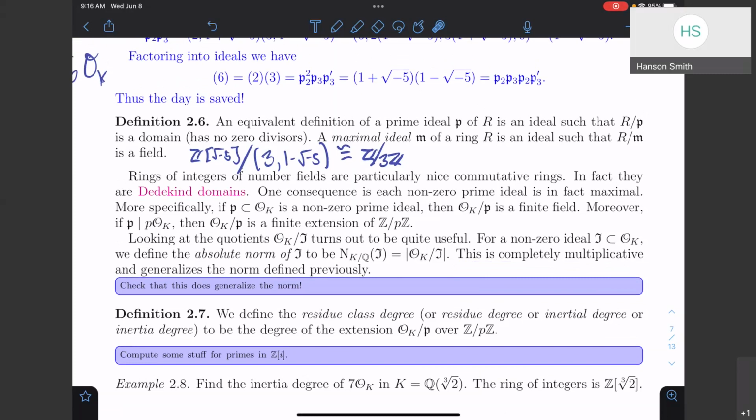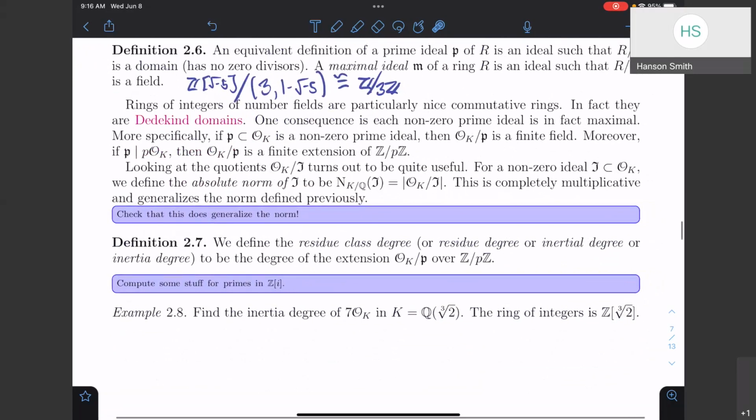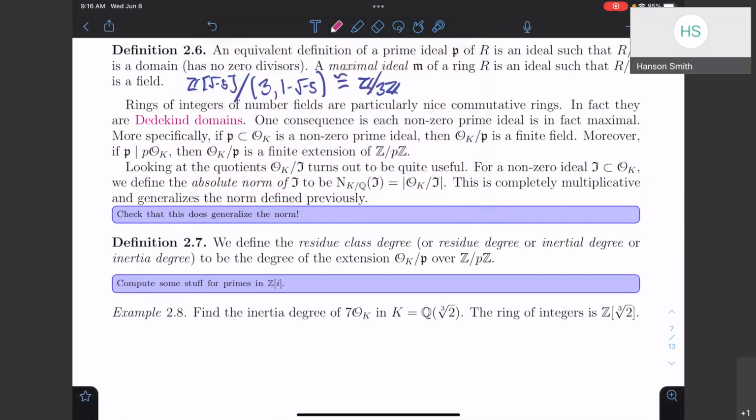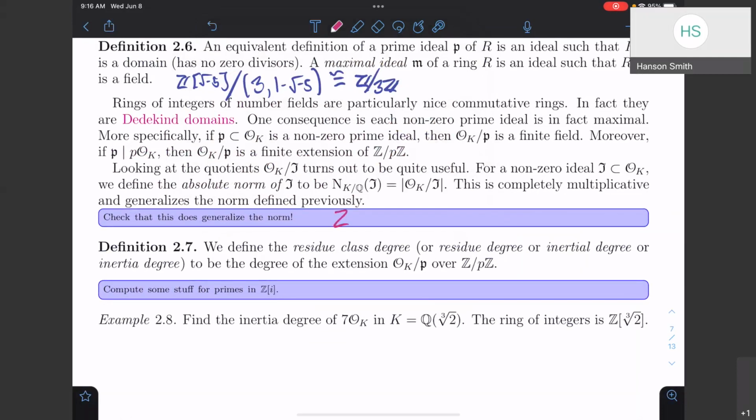We're looking good. I didn't really leave myself enough space here, did I? We want to check that this generalizes the norm we're used to talking about. So I can take Z adjoin i, and I can mod out by 3. So I get Z adjoin i mod 3.